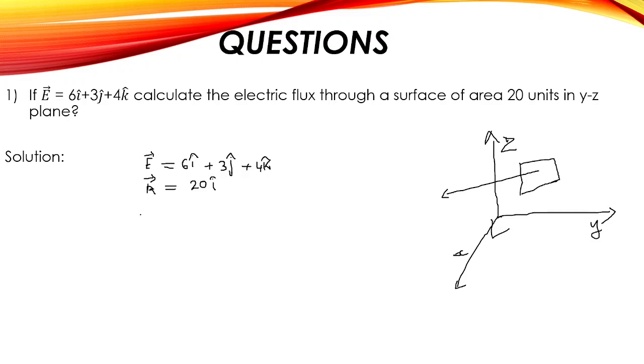So we know the equation for electric flux, that is electric flux is equal to E dot A. Here we know what E is, we know what A is.